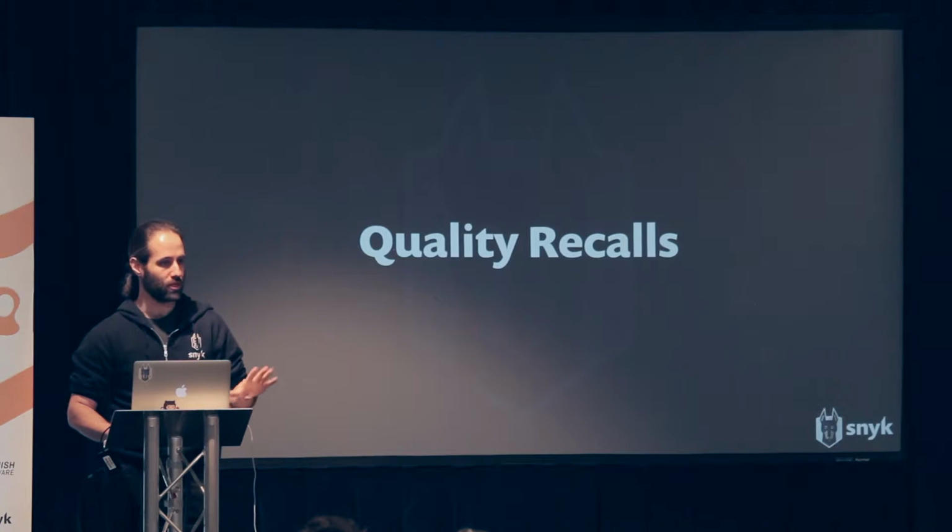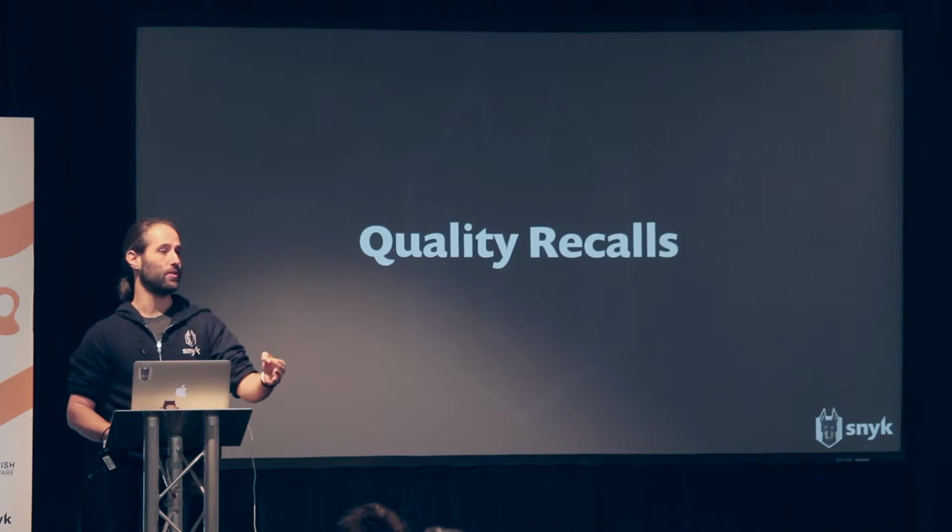The second type, which is a little bit less well known, is quality recalls. This is where it's an actual manufacturer decision to say, hey, there's a quality problem here. It's not going to make anyone die or get injured, but it is a problem that may hurt me. It may be less damage for me to recall this now than not to do so.